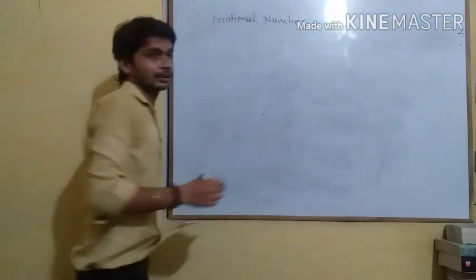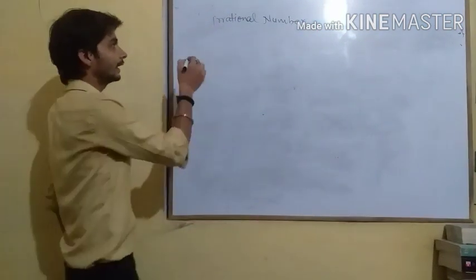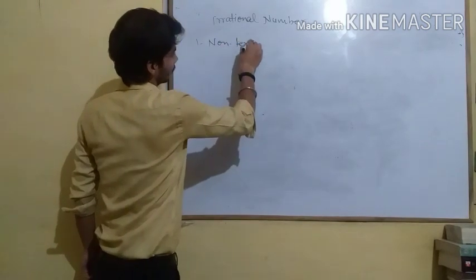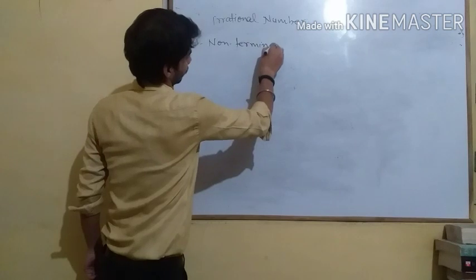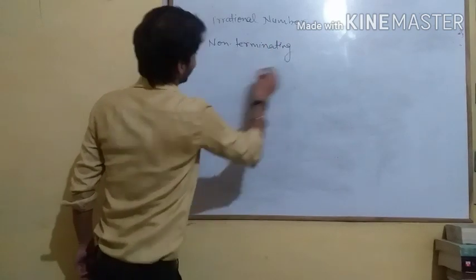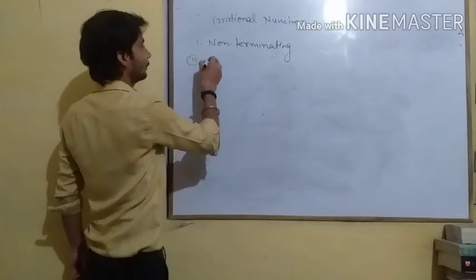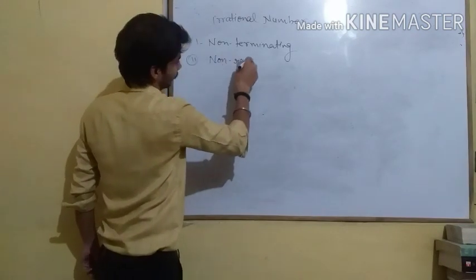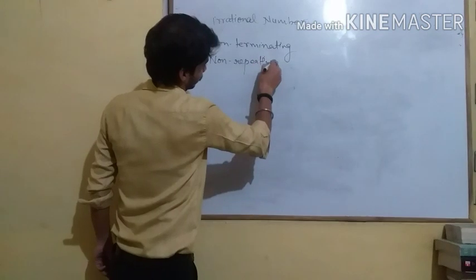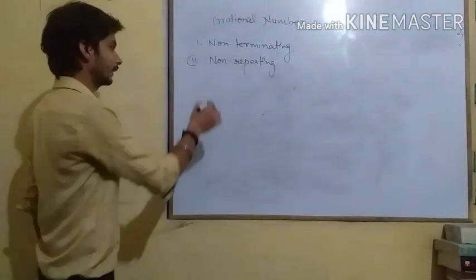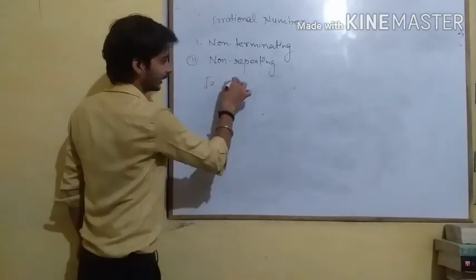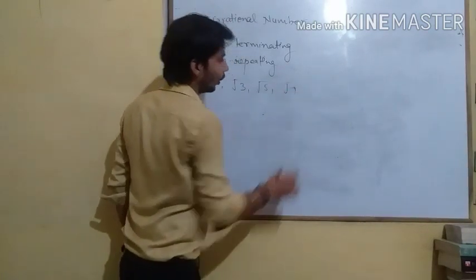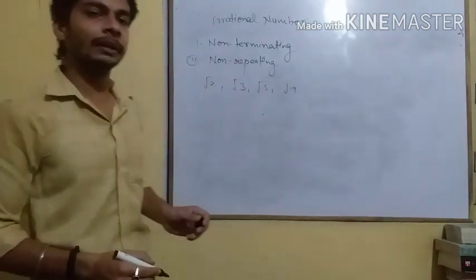The first quality of an irrational number is non-terminating, and the second is non-repeating. For example, we can write root 2, root 3, root 5 and root 7. All these numbers are non-terminating and non-repeating.